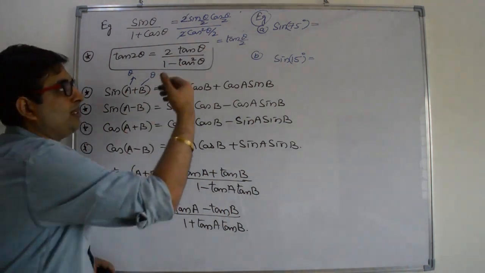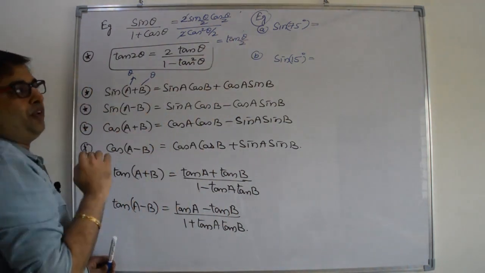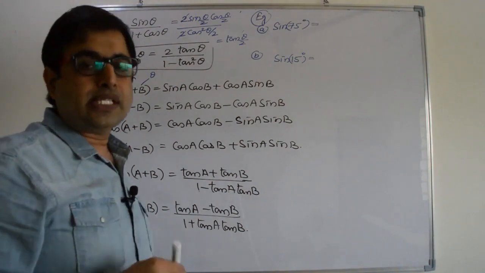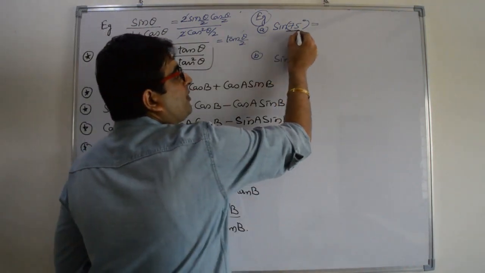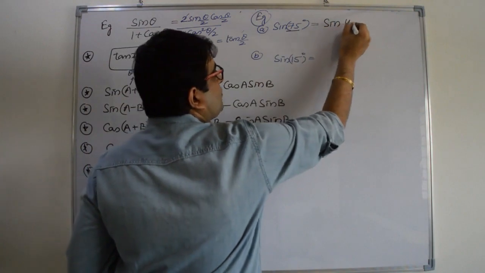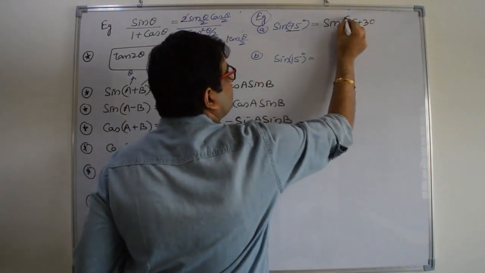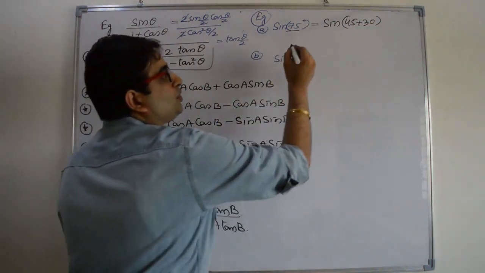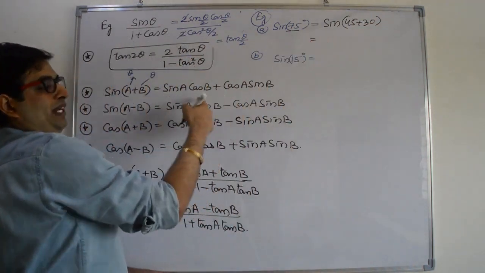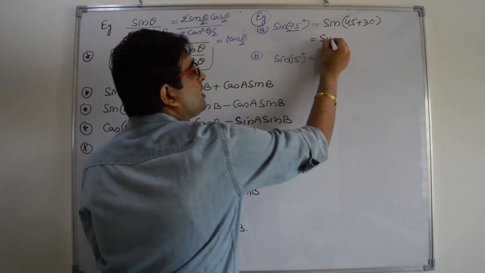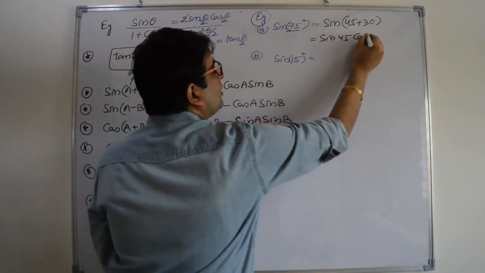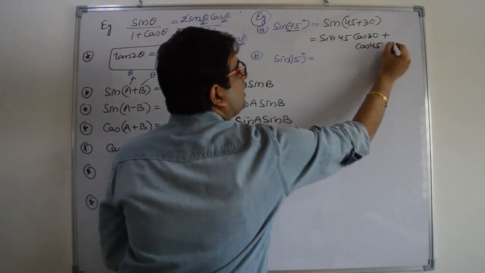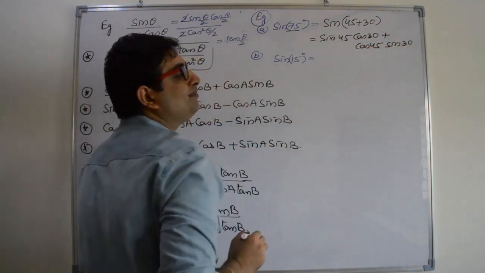Right? Let us see some examples related to these formulas. Sin 75 degree. We have to calculate the value of sin 75. 75 I can write as 45 plus 30, converting it into A plus B. Opening it by using the formula: sin 45 cos 30 plus cos 45 sin 30.